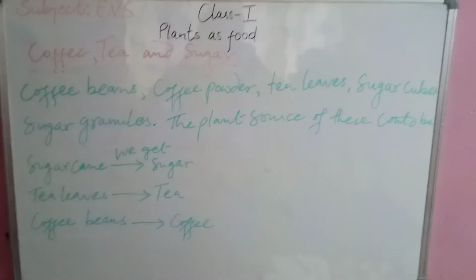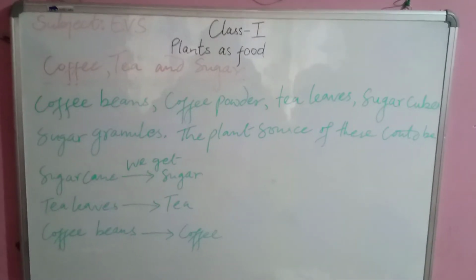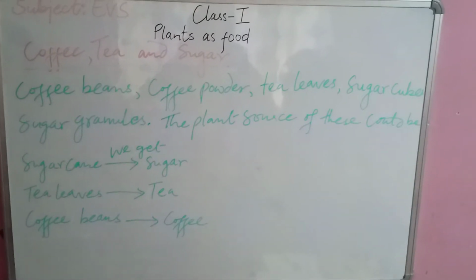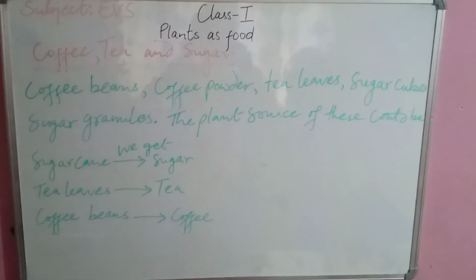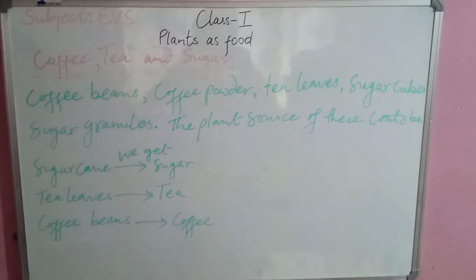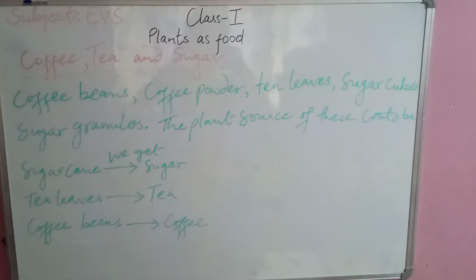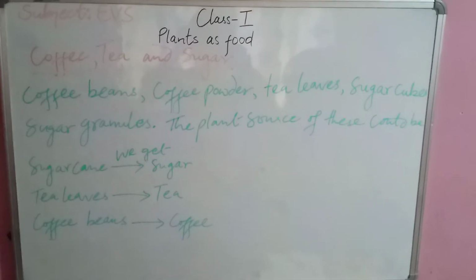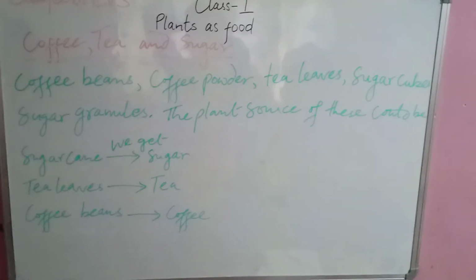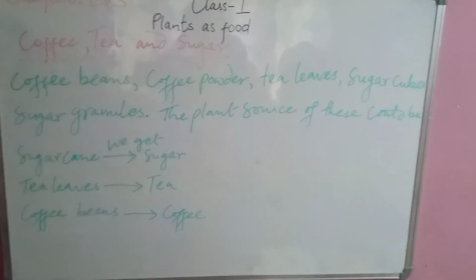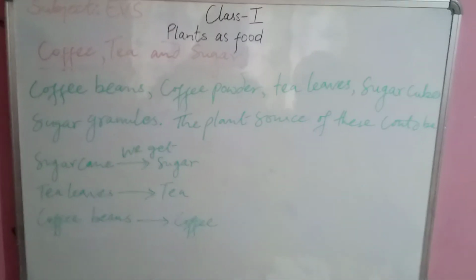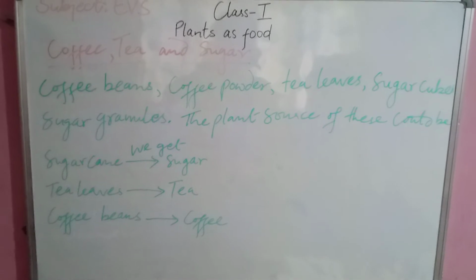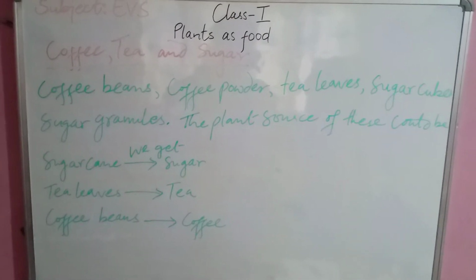So coming back to the next topic, which is coffee, tea and sugar. There are examples like coffee beans, coffee powder, tea leaves, sugar cubes, sugar granules. We get sugar from sugarcane, which is the source, and the source for tea is tea leaves.